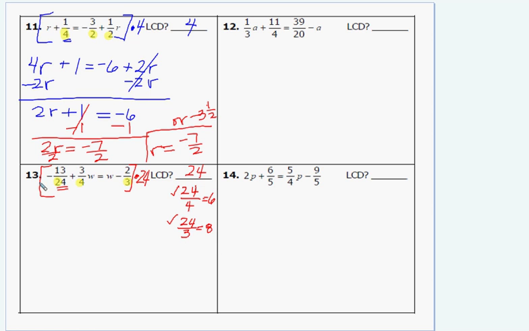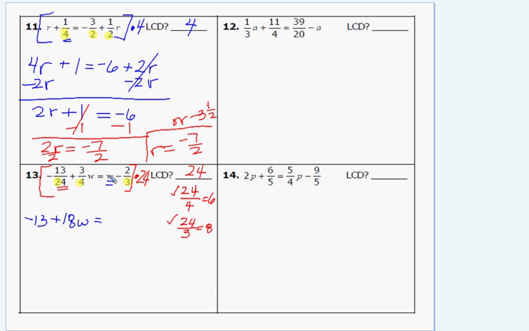So negative 13 over 24 times 24 leaves me with negative 13, plus 3/4 W times 24 is going to leave me with 18W, and this is equal to, notice we had one term in our equation that didn't have a fraction, but it's still going to get multiplied.